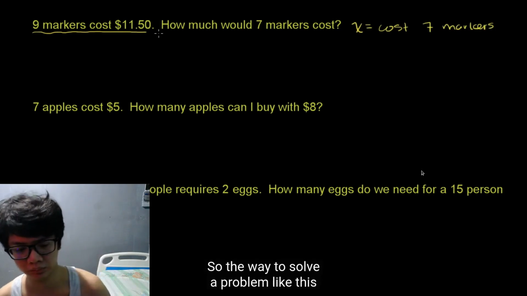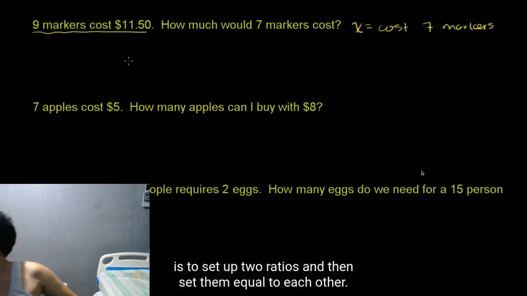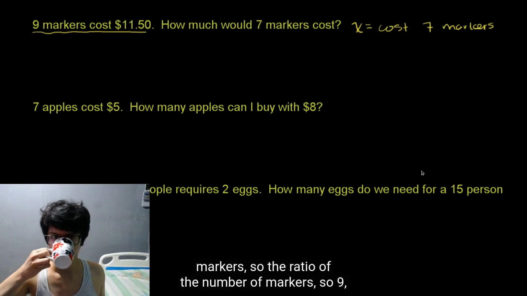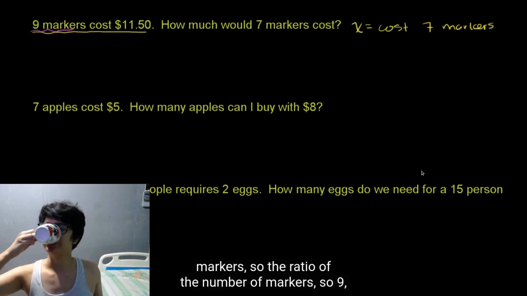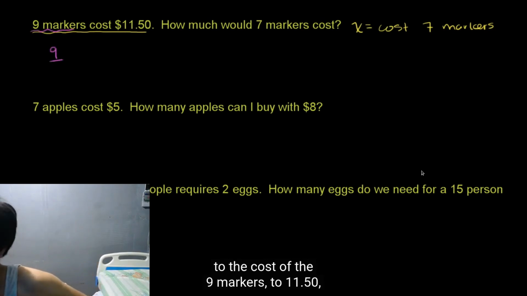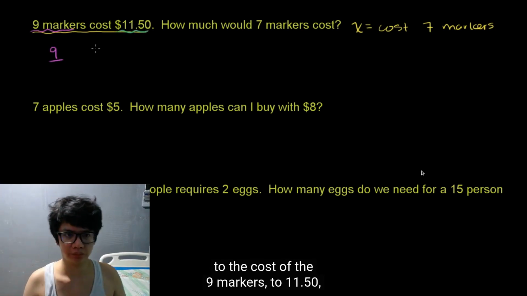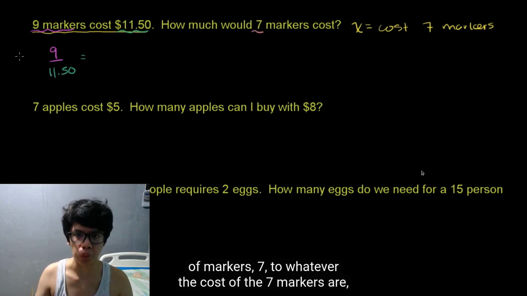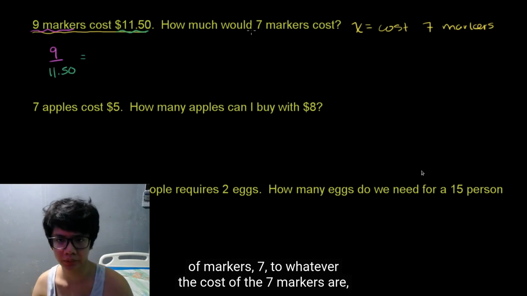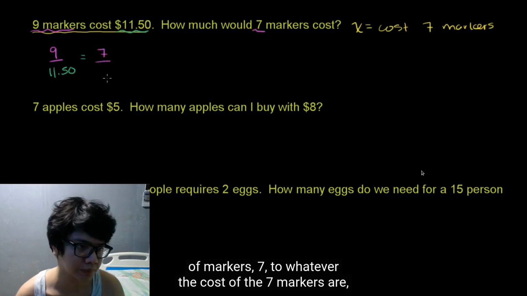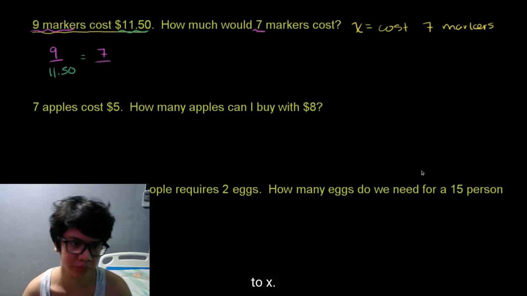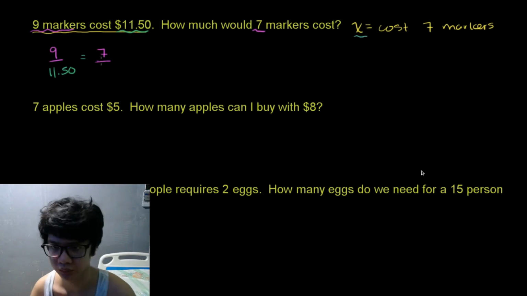So the way to solve a problem like this is to set up 2 ratios and then set them equal to each other. So you could say that the ratio of the number of markers, 9, to the cost of the 9 markers, 11.50, should be equal to the ratio of our new number of markers, 7, to the cost of 7 markers, x.